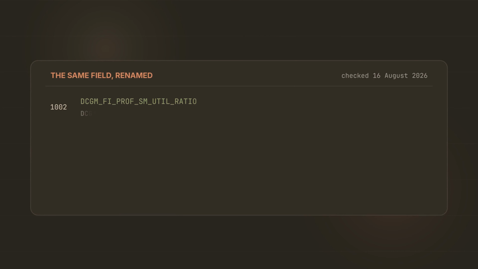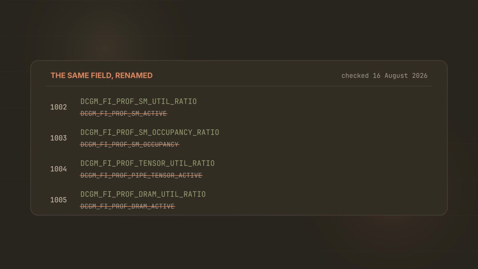Now, those names I promised you. Every counter we have talked about today has just been renamed by NVIDIA, and the active ones are the ratio ones now. Your dashboard is fine today because the old names are kept as aliases and they still resolve. But NVIDIA files them under deprecated and says they will eventually be removed.